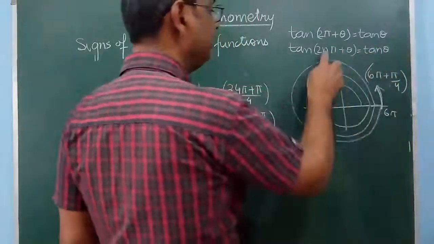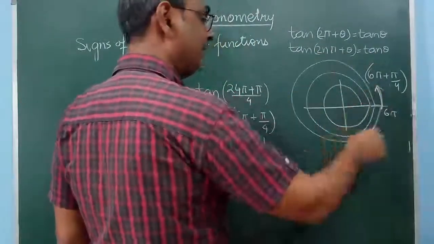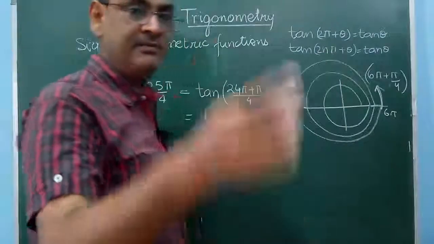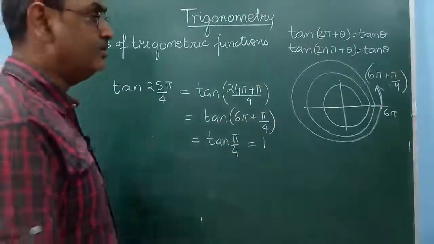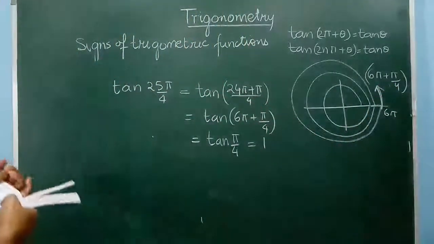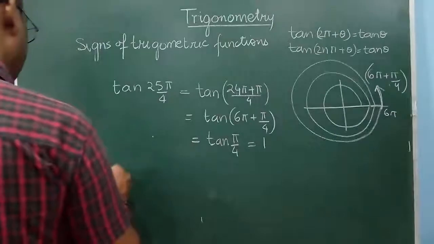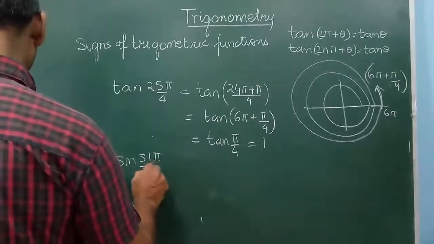Whenever we say 2 pi, we have taken a full circle, 4 pi means a second round, 6 pi means a third round, and then we have this angle, which we can find. Then we have sin 31 pi by 3.